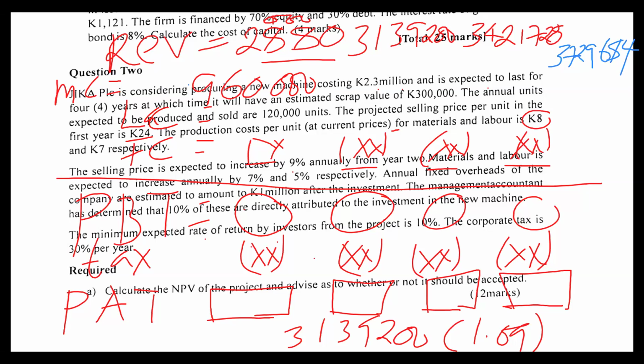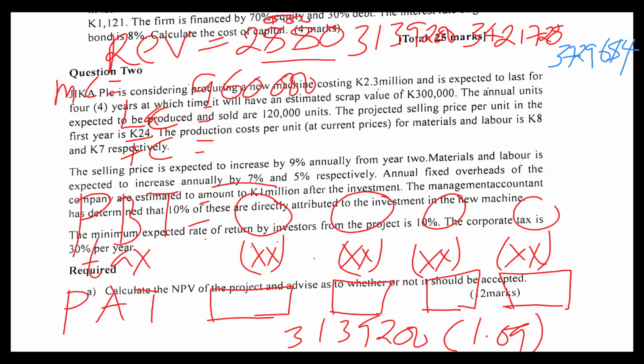Let's go on now to the second year. What do you do for the second year? You're growing these at what rate? At 7%. Someone is asking, sir, where are you getting the 7%? In the question, it says the materials are expected to increase annually by 7%, and labor is expected to increase annually by 5%.